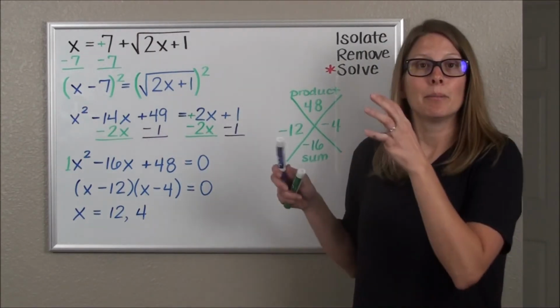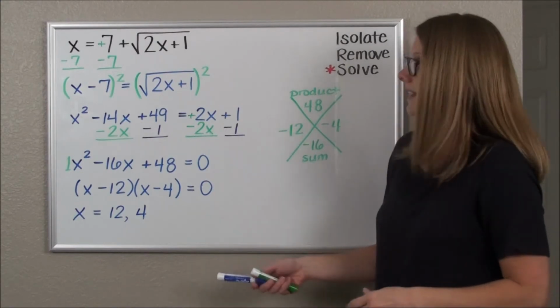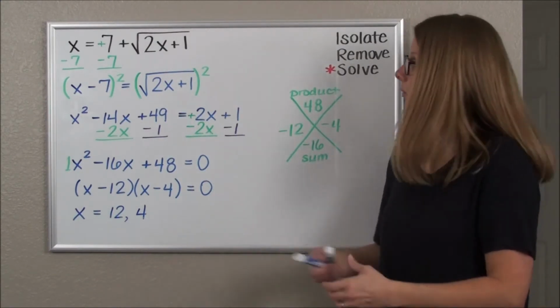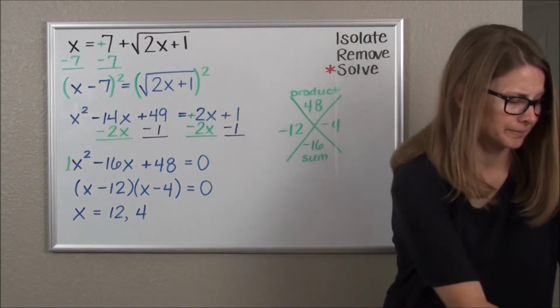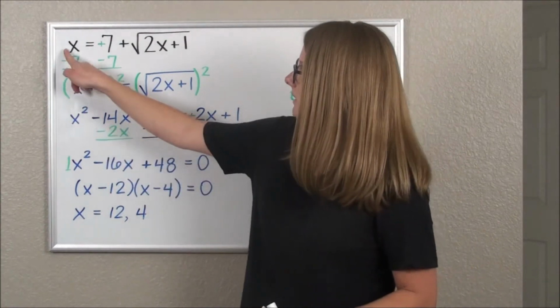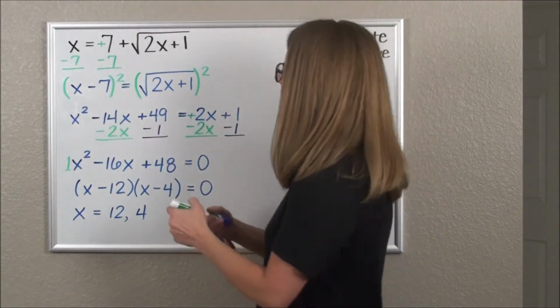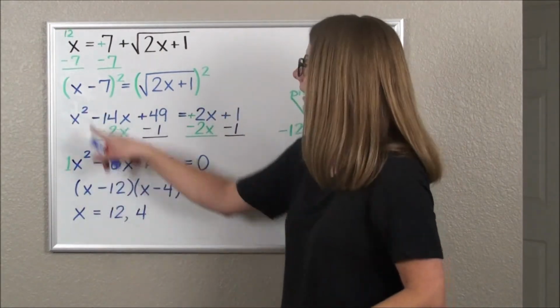But rather than boxing this in and calling it a day, I do have to check those answers, not necessarily on paper, but I at least need to run through the options and verify that they both work. So, if I were to test the 12, let's say the left side is 12 for x.